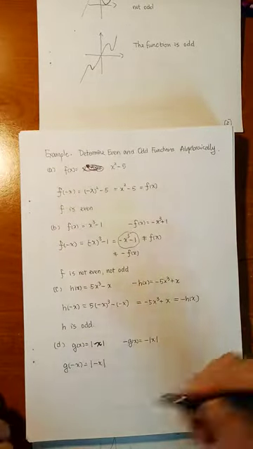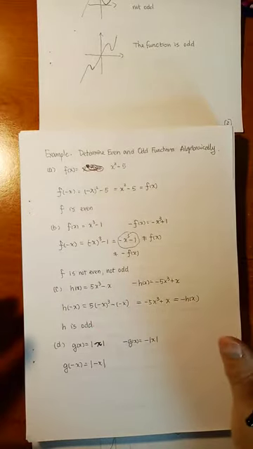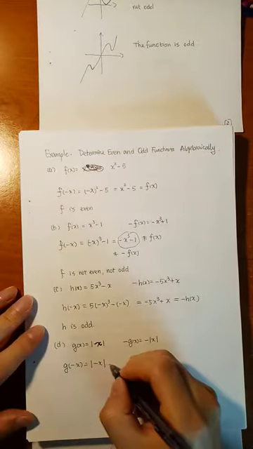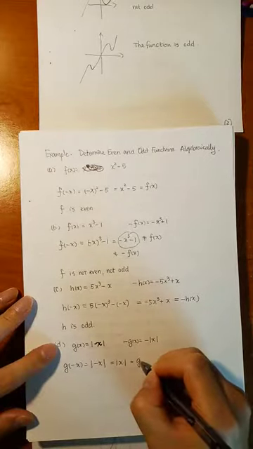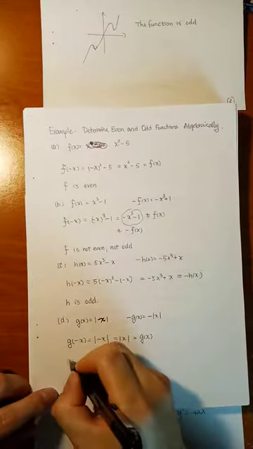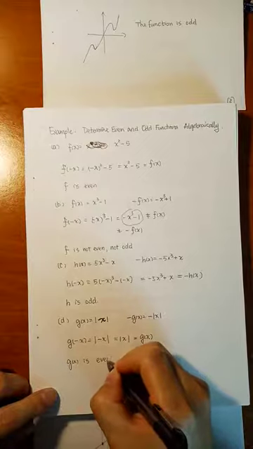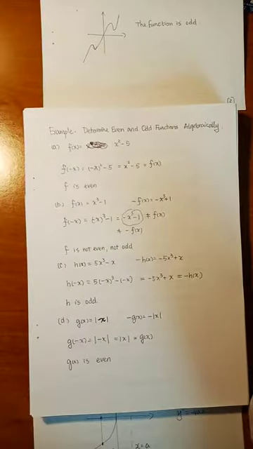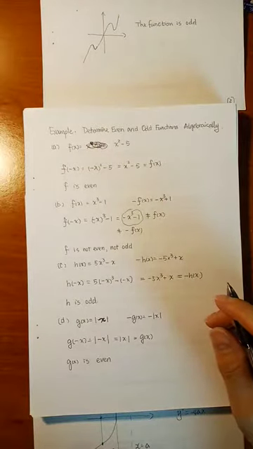You put a 2 and you put a negative 2, you do not change the distance between the origin and the 2 and the negative 2. And this is equal to g of x. So the opposite value function is even. Okay? So those are the algebraic examination of even and odd functions.